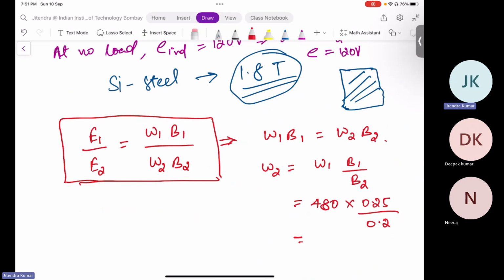Sir, at no load E1 and E2 should not be zero. I think they will be equal to each other. Who told zero? They will be equal and equal to 120 volt. Okay, no problem, my mistake, no worry. So, how much value will this lead to?